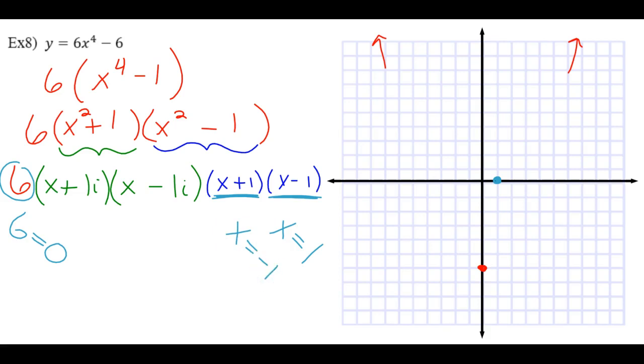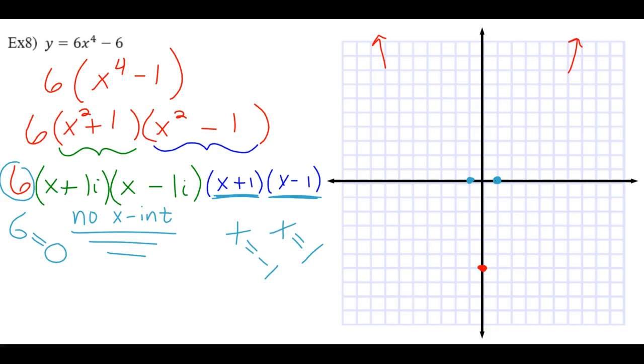So that's on the x-axis at -1. Imaginary means there's no x-intercepts. If it's imaginary, that's telling you that that factor does not give you an x-intercept. So how many actual x-intercepts do we have? 2.